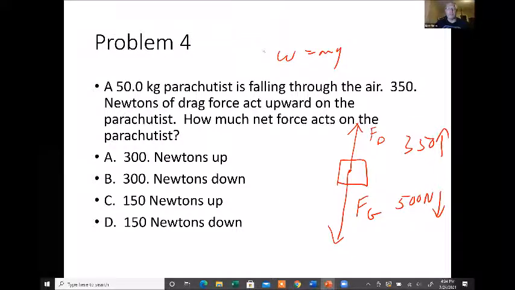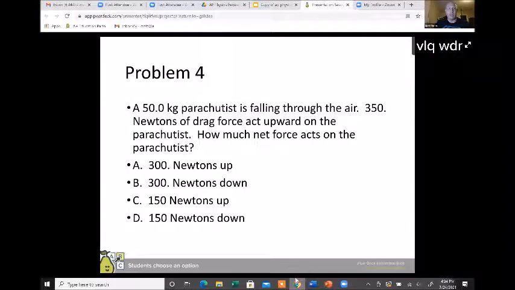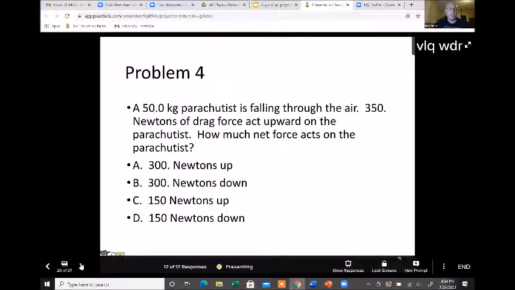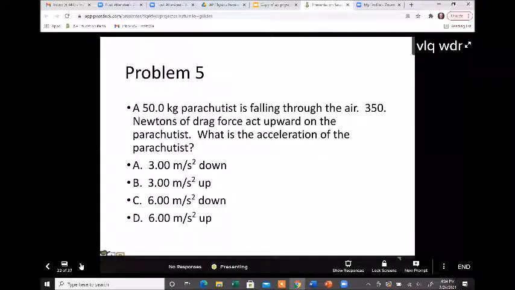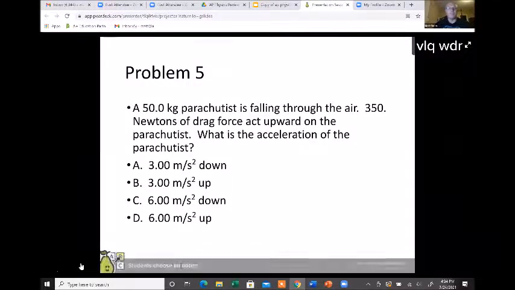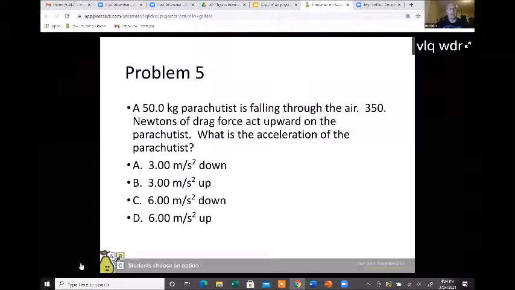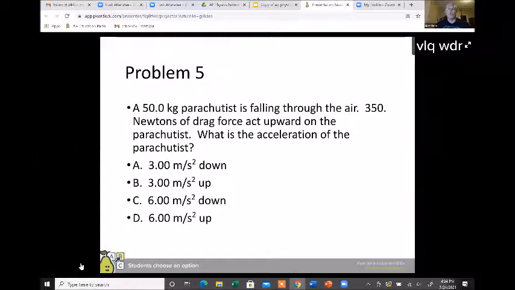All right, let's switch back to Pear Deck. So again, same problem. This time it's just asking us for a different answer. Go ahead and input your answer for question 5.